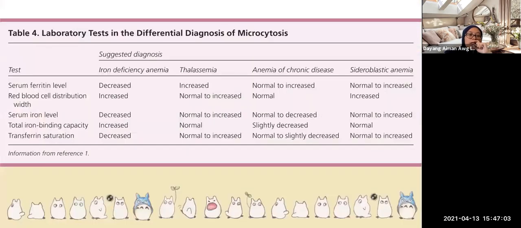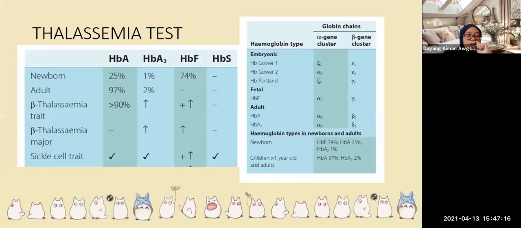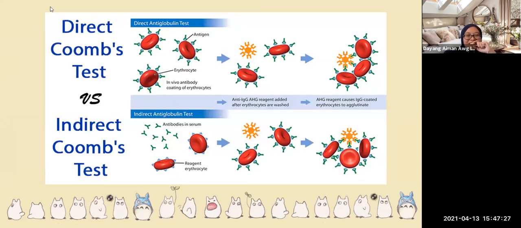So in the iron profile, each test can help us to diagnose whether they are having IDA, thalassemia, or anemia of chronic disease. Can you see this center? So this is the thalassemia test that we can do to help us diagnose whether the patient is having thalassemia alpha or beta, sorry.